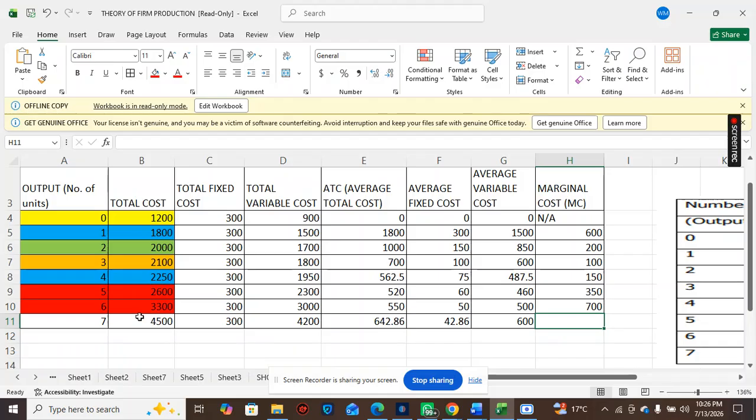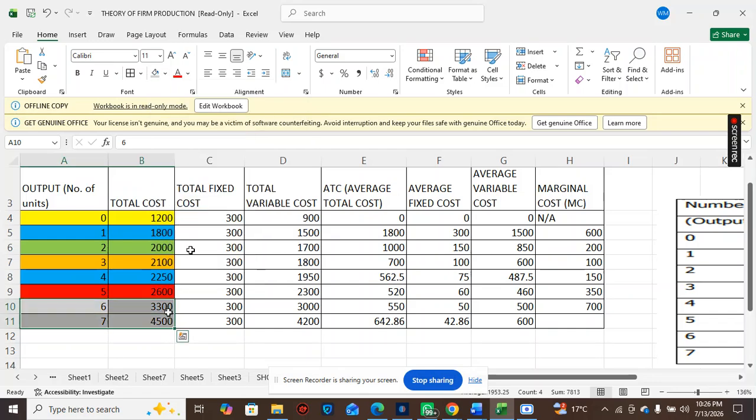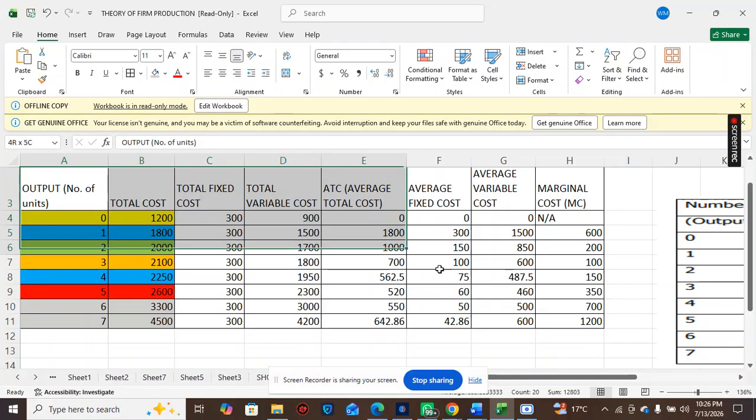When we move from 6 units to 7 units, the total cost increases from 3,300 to 4,500. So the marginal cost, the extra cost the seventh unit has brought, is 4,500 minus 3,300, which is 1,200. Any questions, colleagues, on the marginal cost?